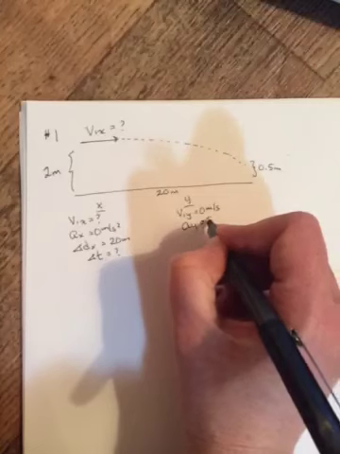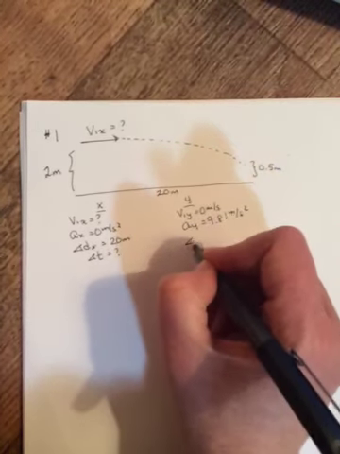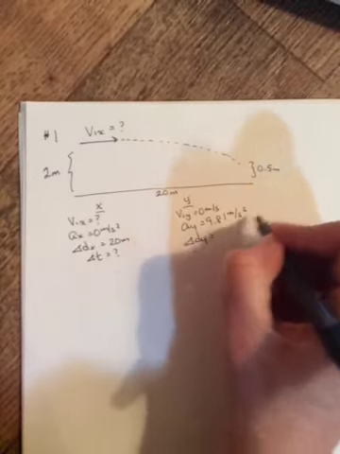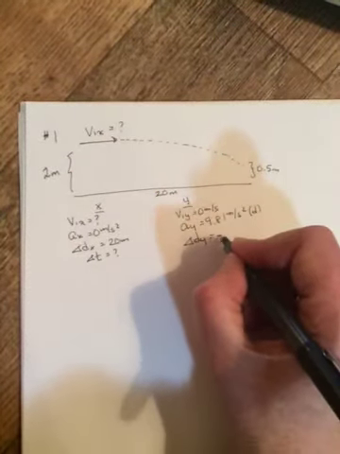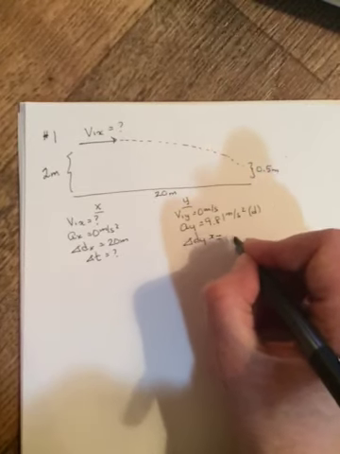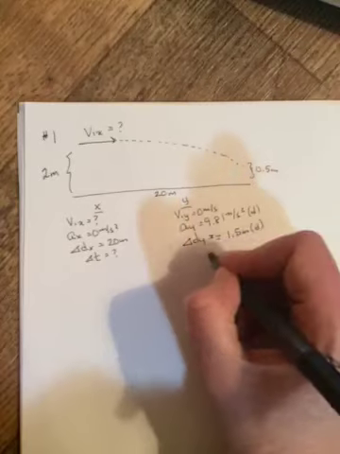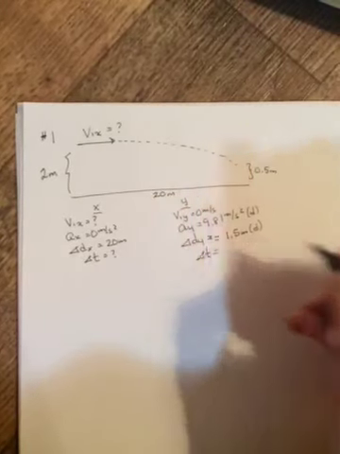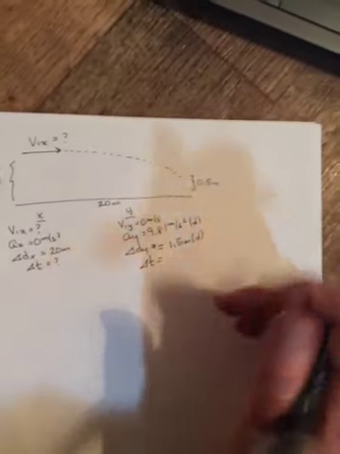We know AY is 9.81 meters per second squared. And you have to do some higher order math here, but if you do, you'll get your delta dy to be 1.5 meters down. And we don't know delta t. Okay, and so when you look at it, it's like, oh, I need to start in the y direction.